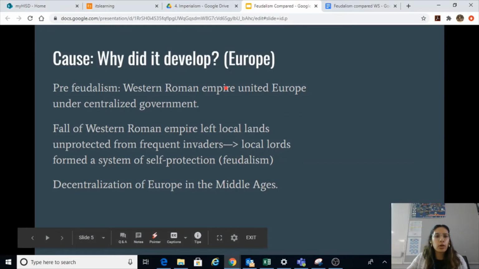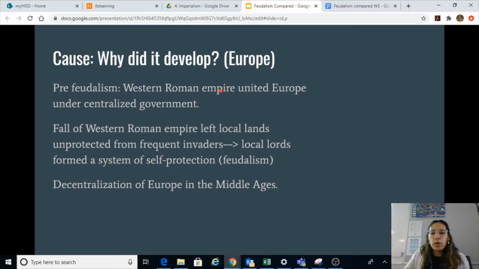Now let's look at Europe. So why did feudalism develop in Europe? Well, if we remember, before the Middle Ages, which is when Europe had this feudalism, we had Europe, especially Western Europe, being ruled by the western half of the Roman Empire.